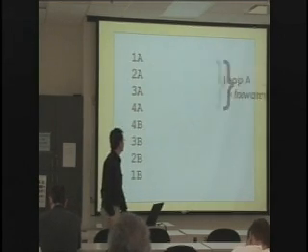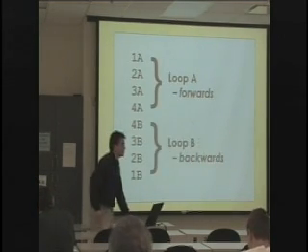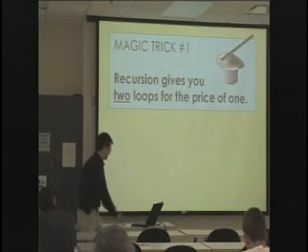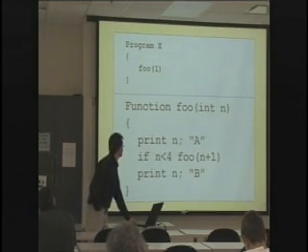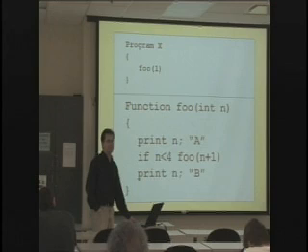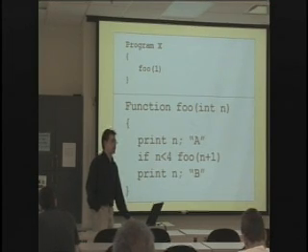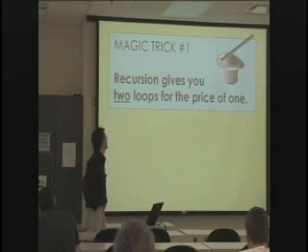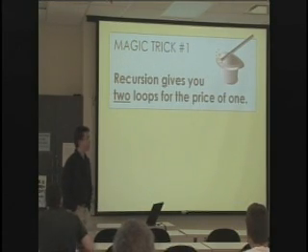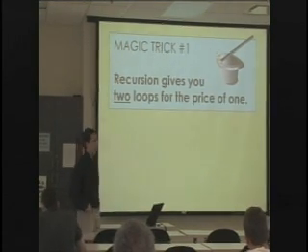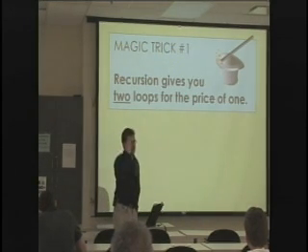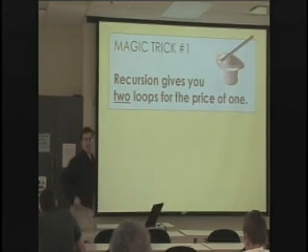Okay, so forward loop, backward loop. There's our canonical recursive program that illustrates the behavior you get if you stick a recursive call in your program. And now we're down to the first magic trick, and that is when you put a recursive call in your code, you get 2 loops for the price of 1.